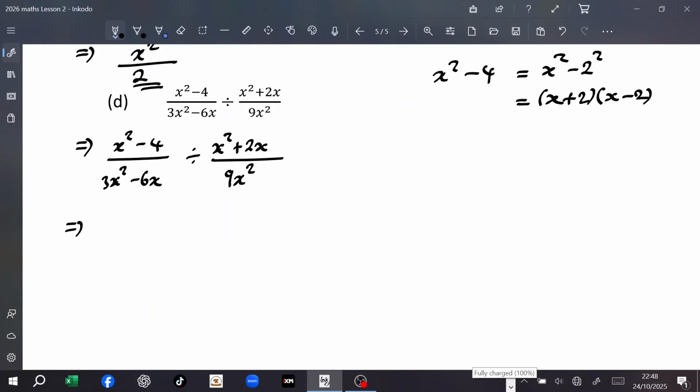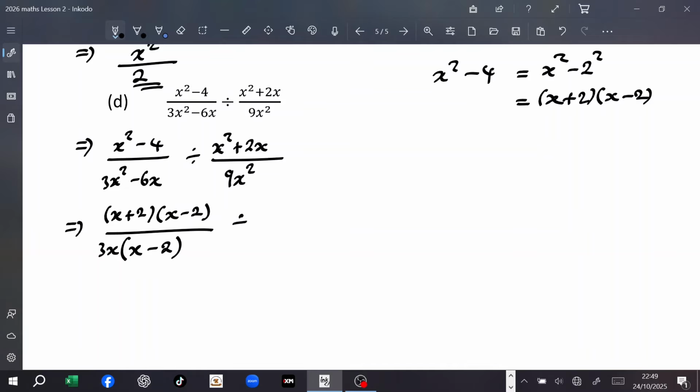So what is on top here will be x plus 2, then x minus 2 over, what is down here can be factorized if you want. What is down can be factorized here as 3 is common, 3x, then we remain with x, then we remain with minus 2 there.